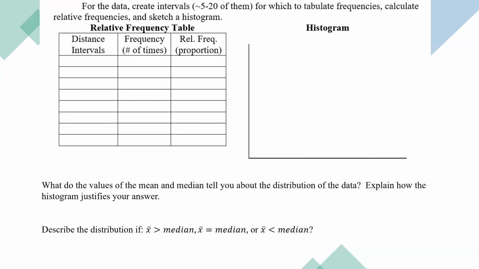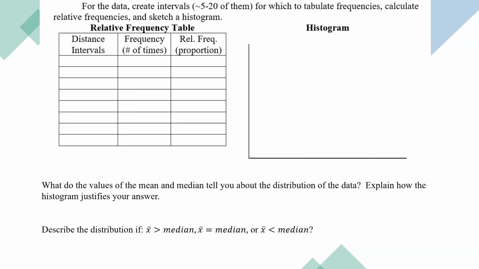For this data, we're going to create a histogram. Last year, you learned that we needed a minimum of 5 intervals, and up through 20 of them. I'll determine the distance intervals by looking at my minimum and maximum.